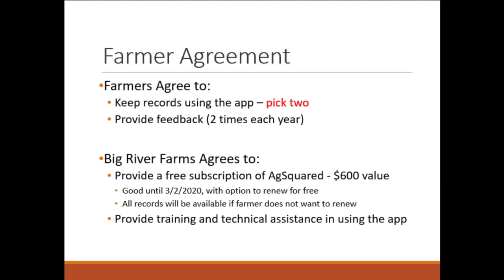You can use more records, but they wouldn't be required for the agreement. I'm asking everyone to keep planting records and hours worked. Those are the two. We want to keep a couple of records consistent for everyone so that we can talk as a group, and I think those will also be really useful records for everyone.